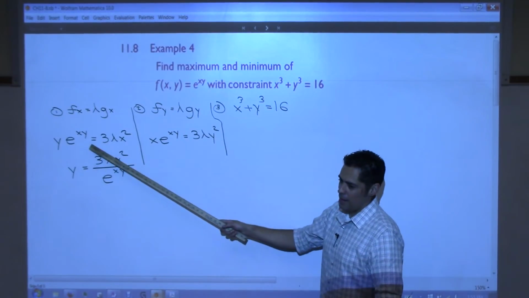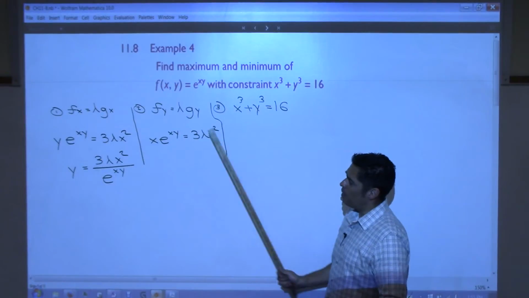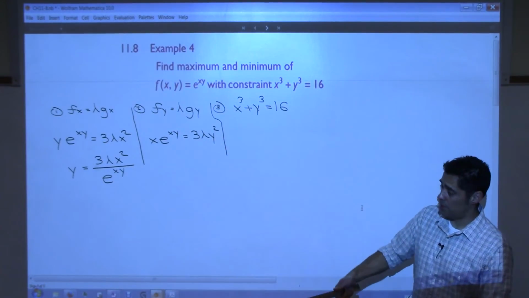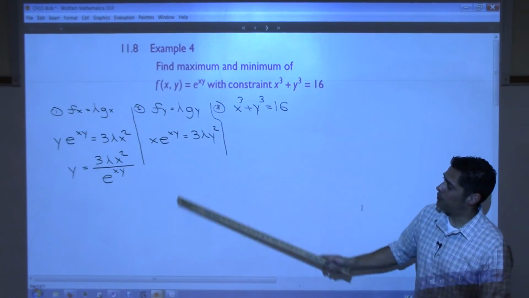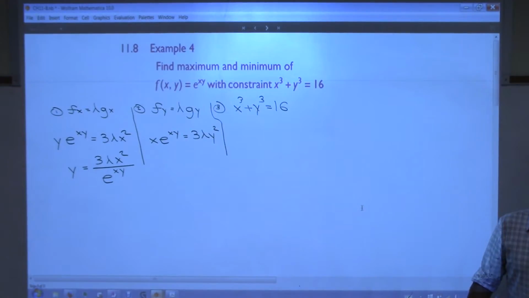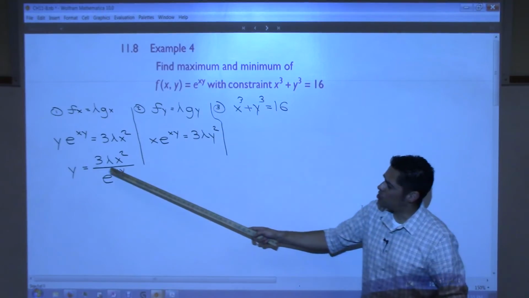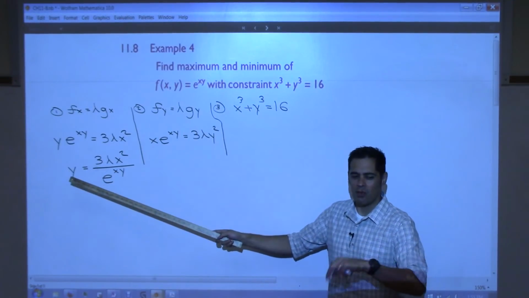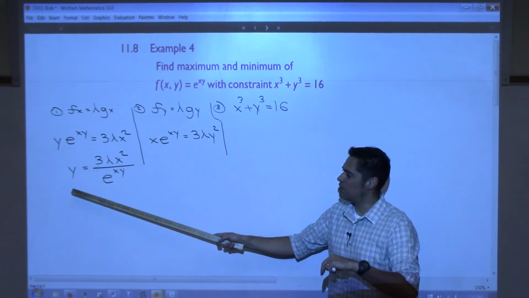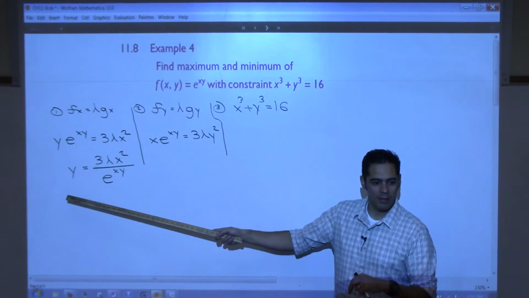You could solve for e to the xy on both of them. I heard solve for lambda. They're both good. Do you understand the difficulty here? If you solve this for y, you haven't really solved it for y, because you still need to know what y is to know what y is.